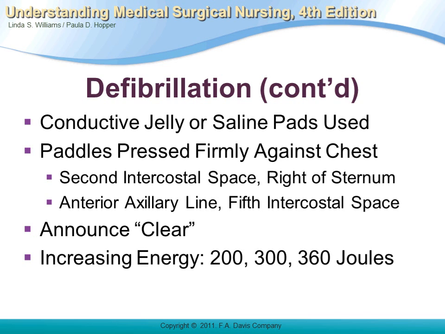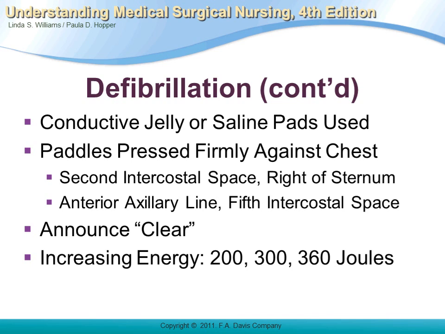So as far as defibrillation goes, we use conductive jelly or saline pads. The paddles are pressed firmly against the chest. They are placed in the second intercostal space to the right of the sternum, and then the anterior axillary line and the fifth intercostal space. So basically, the right side of the chest and then below the armpit on the left side.